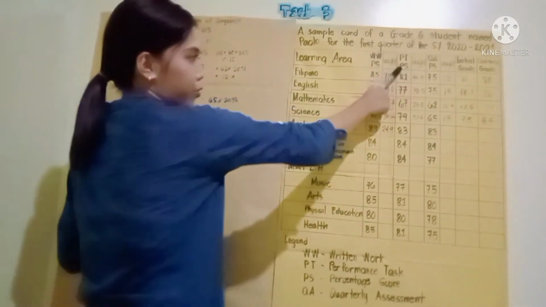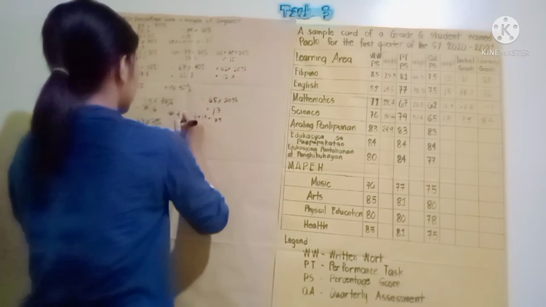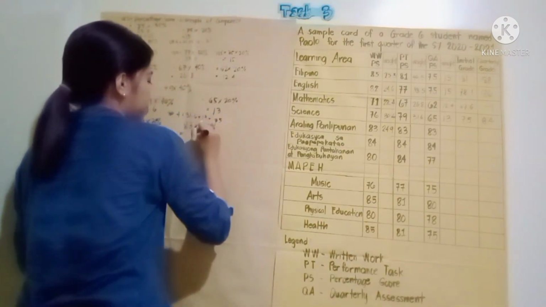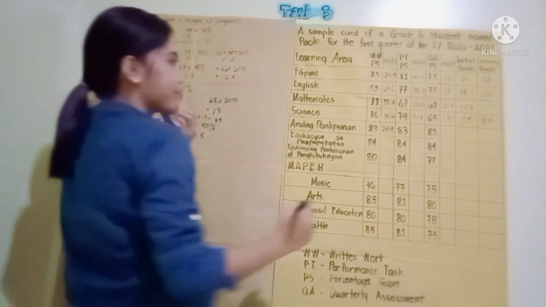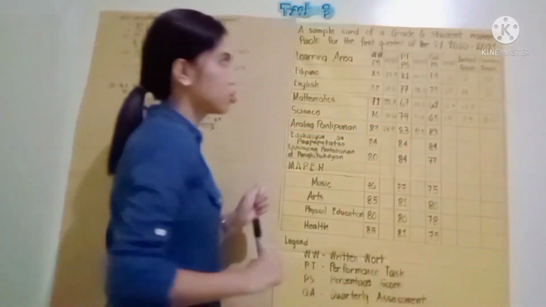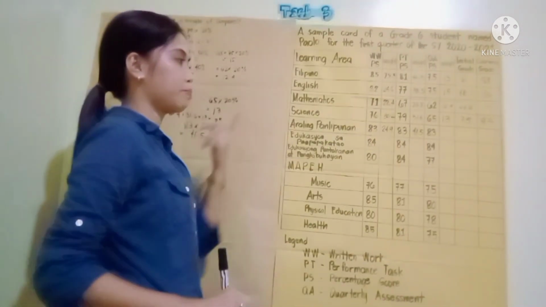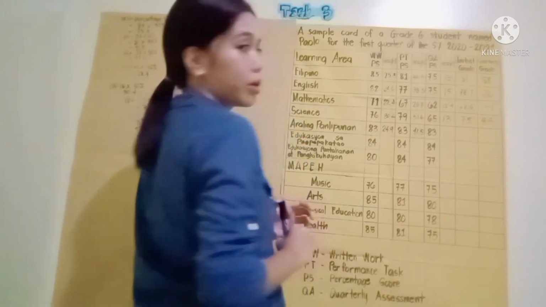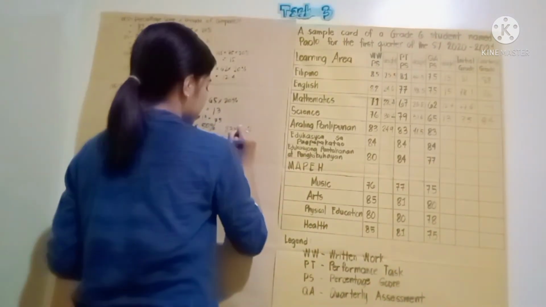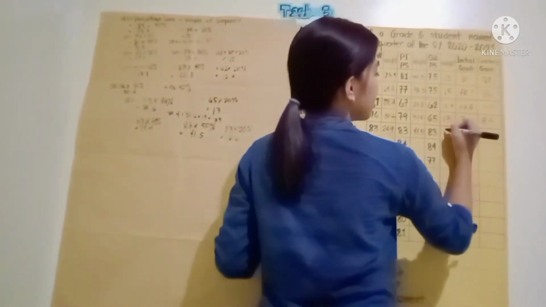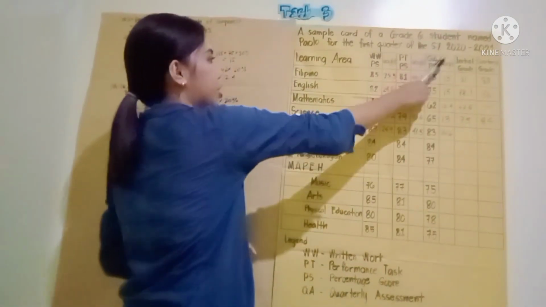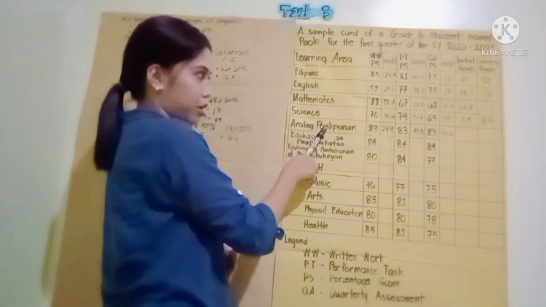Next is the weighted score for the performance task, which equals 41.5. 41.5 is the weighted score for the performance task in Araling Panlipunan. Next is the weighted score for the quarterly assessment. 16.6 is the weighted score for the quarterly assessment in Araling Panlipunan.